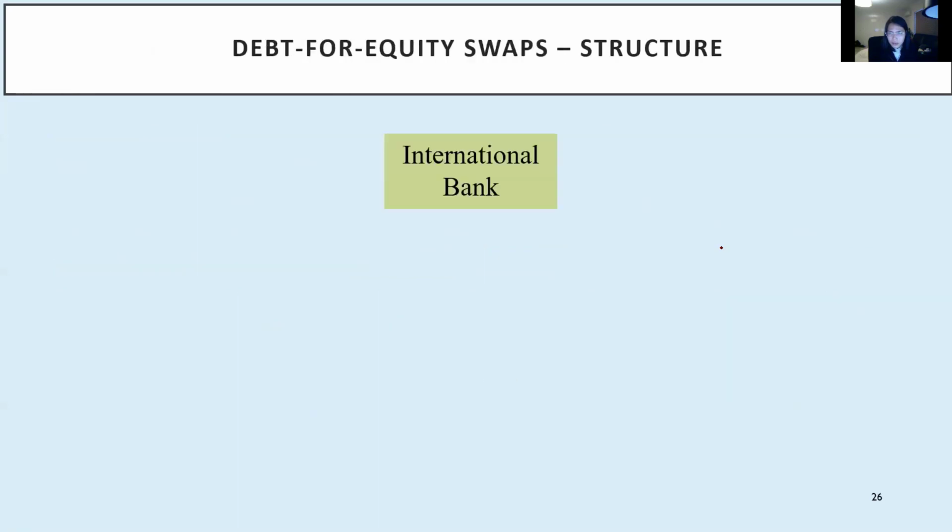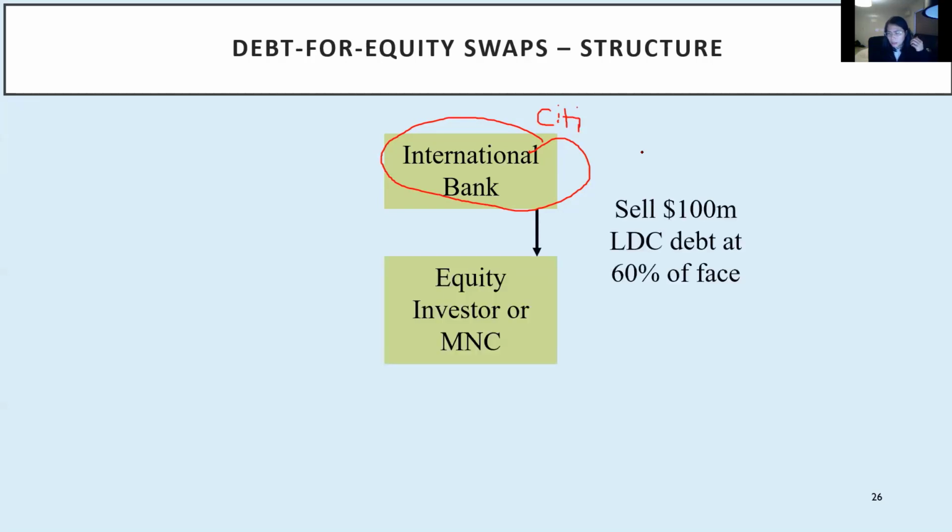So basically, this is how a debt to equity swap looks like. Now you've got your international bank. This is your creditor, right? So this is like, say, Citicorp. Suppose Citicorp lends $100 million to Mexico, and now it has become a bad loan, okay? So what Citicorp can do is sell the $100 million loan from Mexico to another corporation, say PHP, at 60% of the face value, okay?